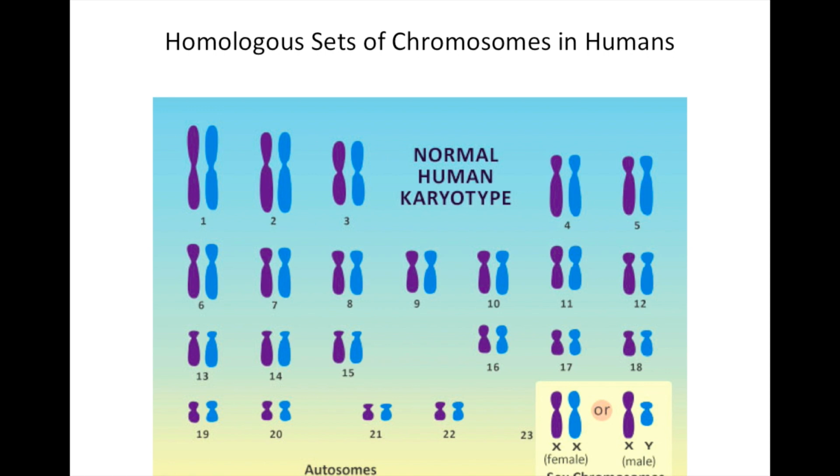If we were to lay out all of your chromosomes as a human being, we call that a karyotype, just a word that you'll probably see. This is what that would look like. You have 23 pairs of chromosomes for a total of 46. And the last pair we call sex chromosomes. The others are called autosomes.